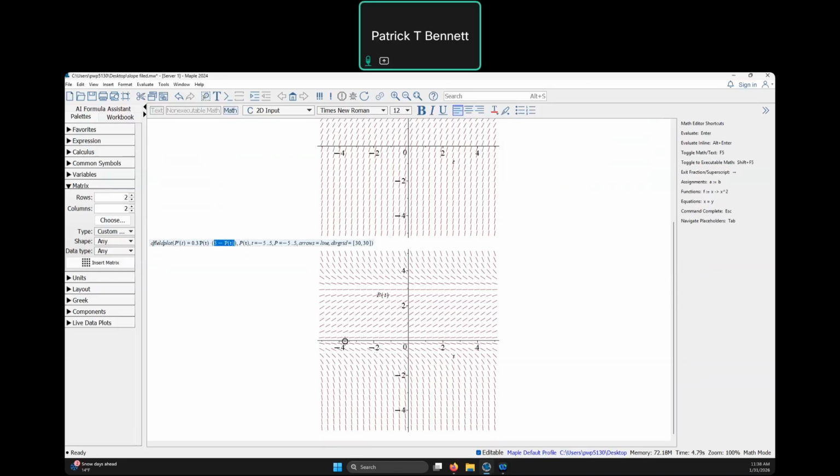P equals 0 down here, I would say, is unstable, because if I'm a little bit above 0, then these slopes are positive, so it's going to push me even farther away from 0. And likewise, if I'm a little bit below 0, then these lines will push me even farther away from 0.